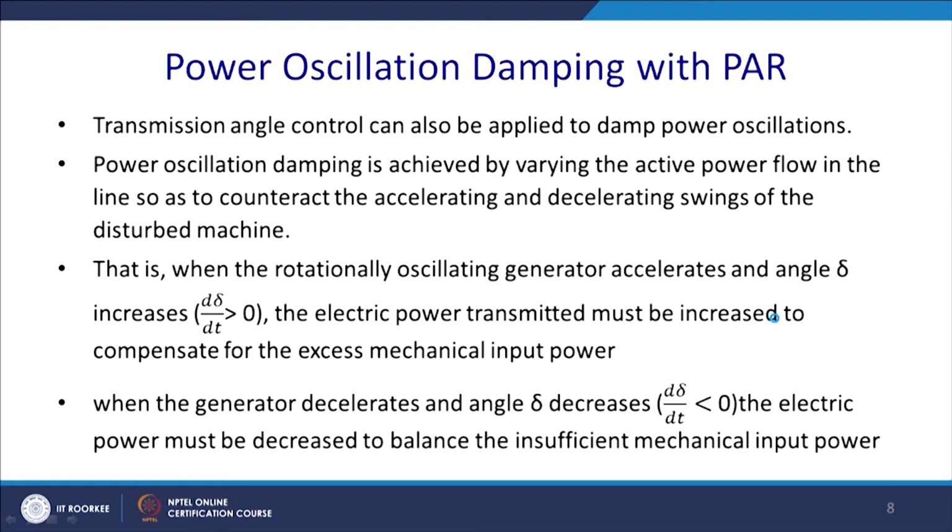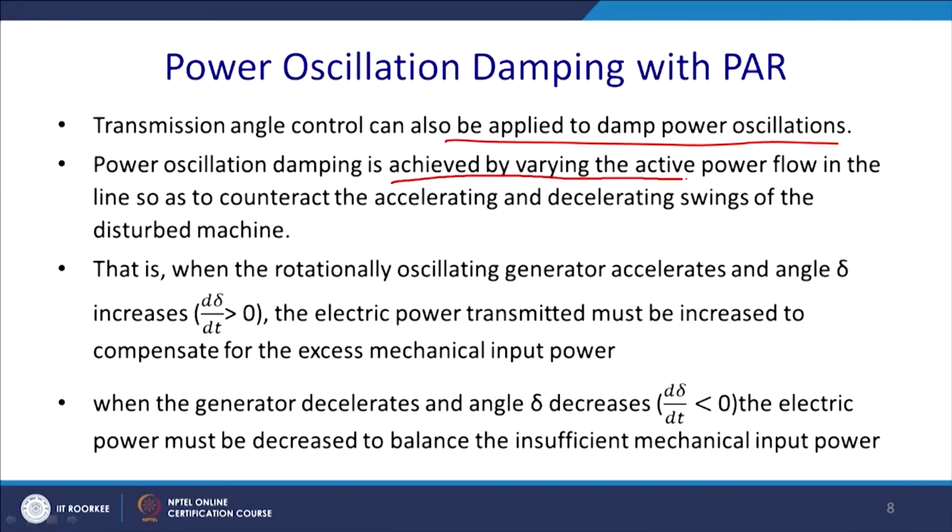Transmission line power can also be applied to damp the power oscillation. We have seen in case of the series, in case of the shunt, and it is also applicable for the power angle regulator. The power oscillation damping is achieved by varying the active power flow in the line, so as to counteract the accelerating and the decelerating swing of the disturbed machines or line.